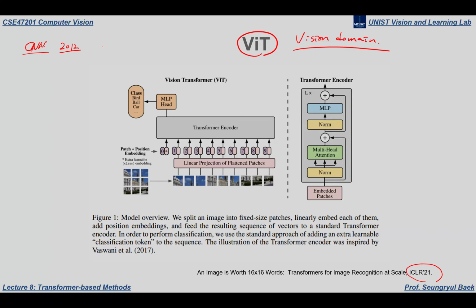And after ResNet appeared, most of the architectures were composed of ResNet. Okay. But in 2020, and maybe 2021, this trend, the use of ResNet, has been gradually replaced by this Vision Transformer nowadays. So actually, this is a very important architecture, but it is very simple to understand.